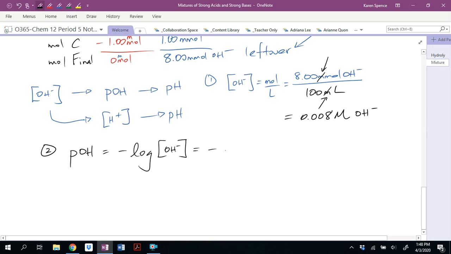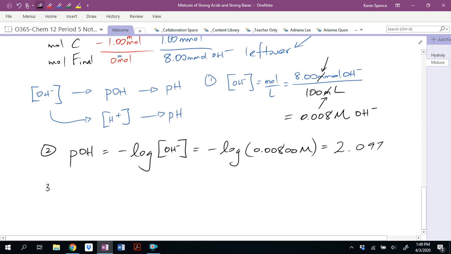So that's going to be the negative of the log of 0.00800 molar, which is 0.008 log. That's 2.097.